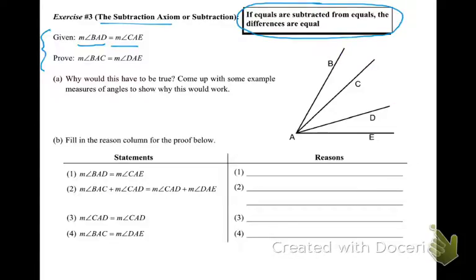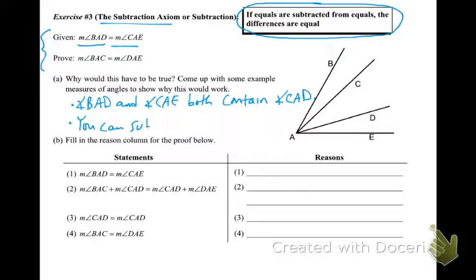If you take away CAD from both those angles, you're left with the two angles we're trying to prove are equal. The reason is because angle BAD and angle CAE both contain angle CAD. You can subtract angle CAD.